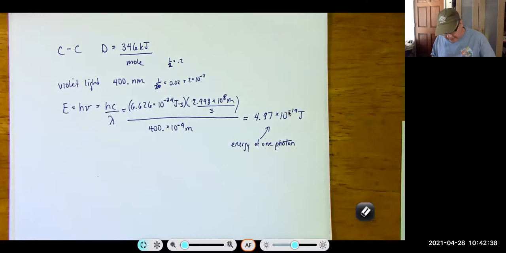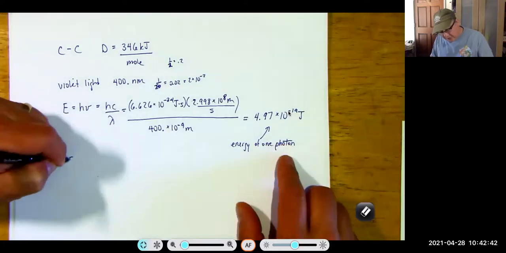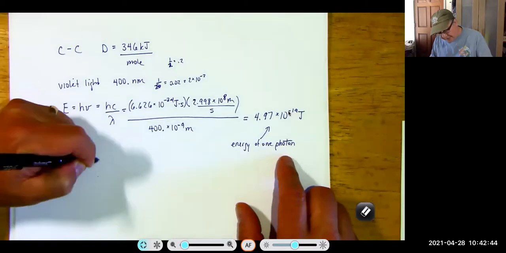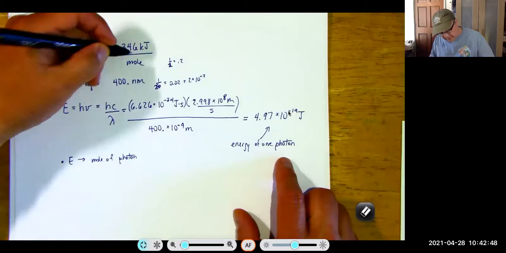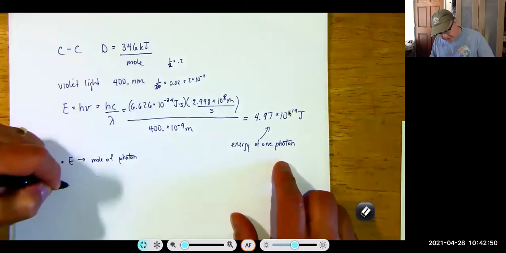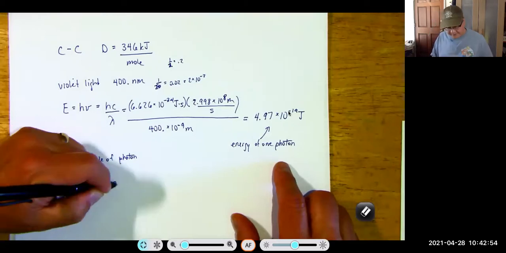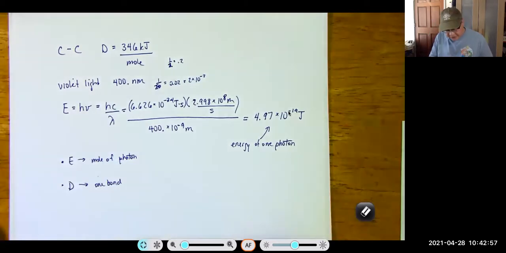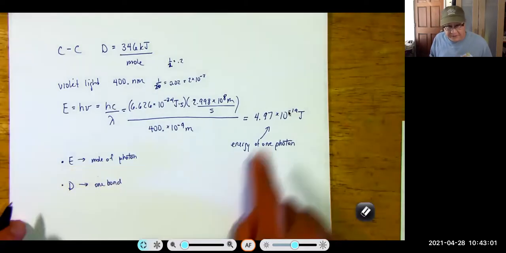So our dilemma is to either take this energy and turn it into a mole of photons, or take the bond dissociation energy and turn it into 1 bond instead of a mole of bonds. So let's do the energy and turn it into a mole of energy first.